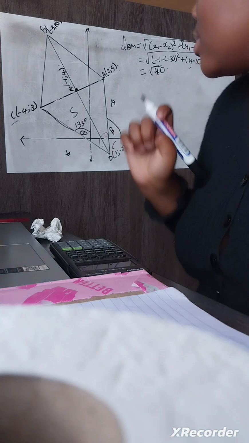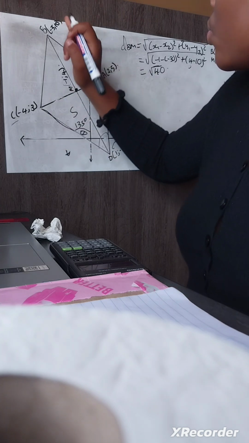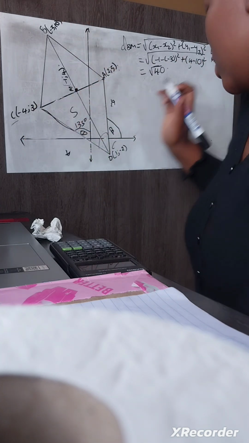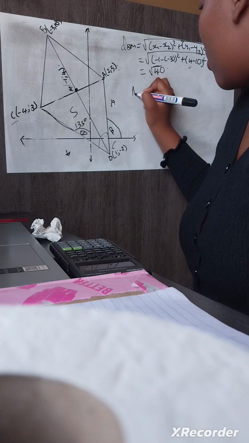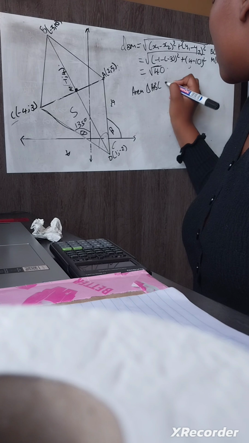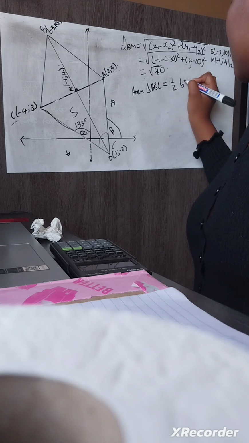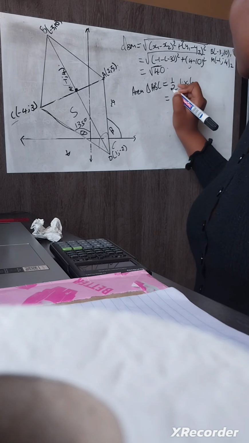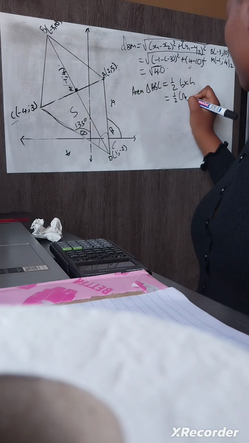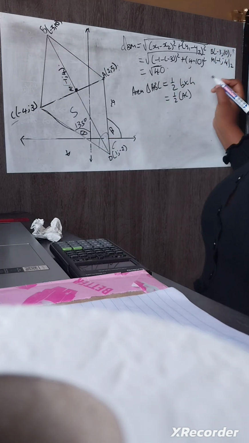Since we have the height, and we calculated the distance of AC on our first question, we'll have area of triangle ABC is equal to half base times height. Our base is AC, and our height is BM.